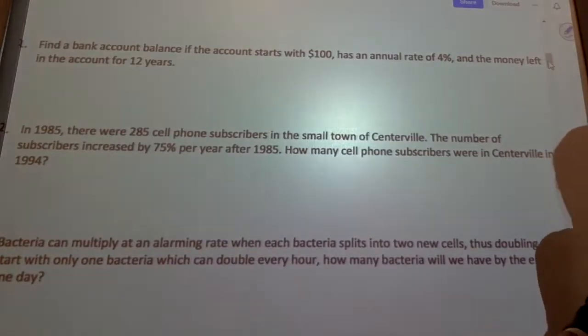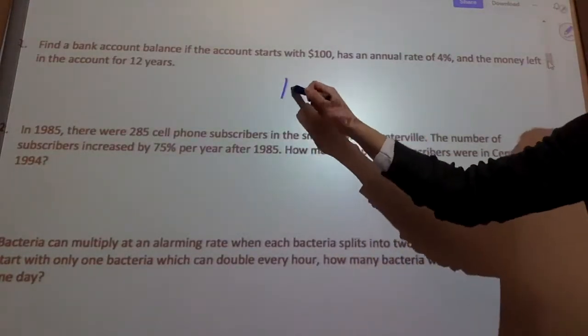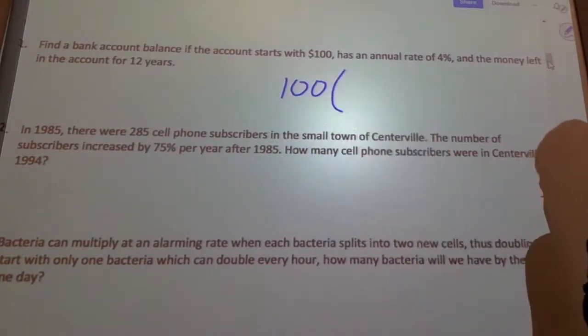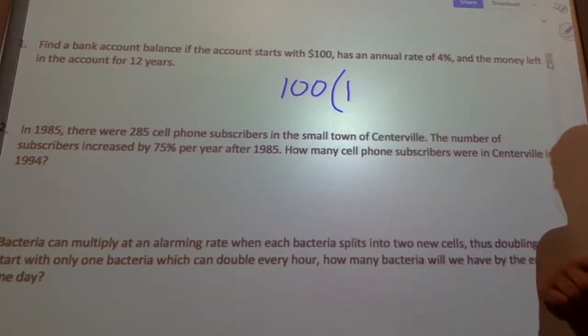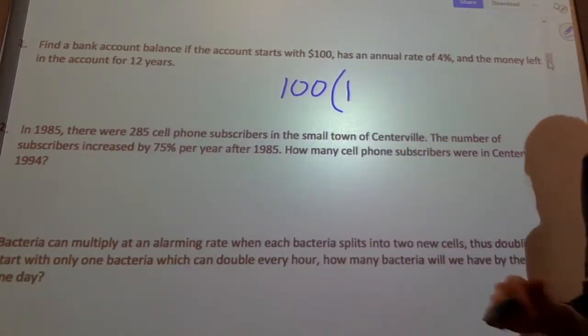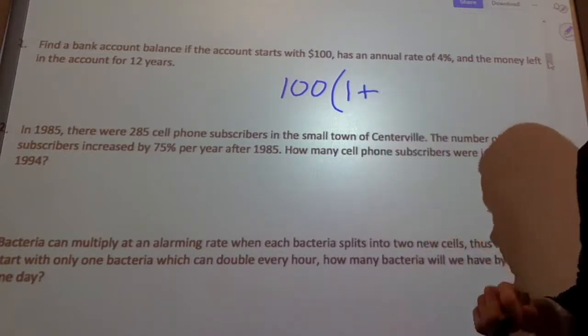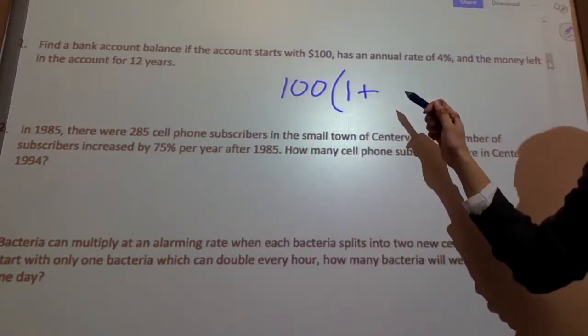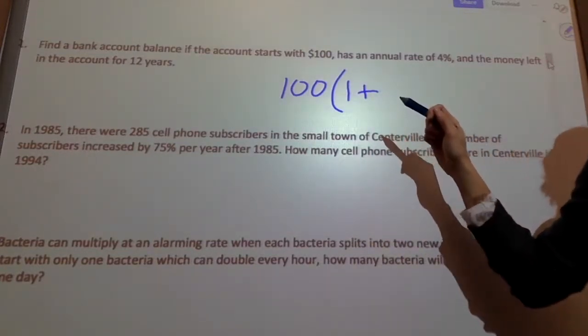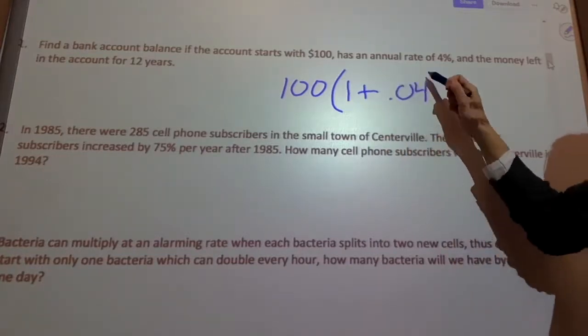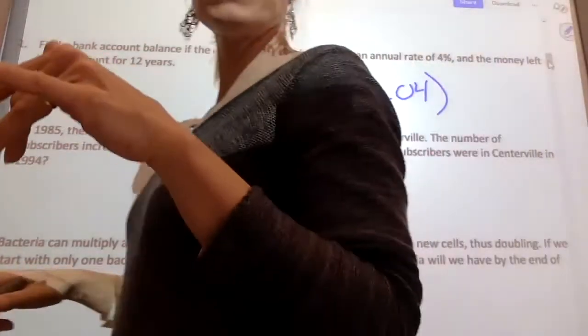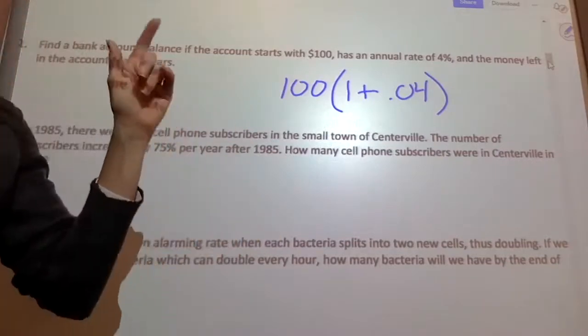What's my initial amount? $100. Okay, is this $100 increasing or decreasing? Increasing, so I add, right? And I'm going to add by what? 0.04. Yep.